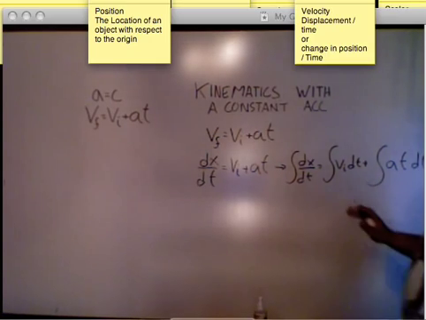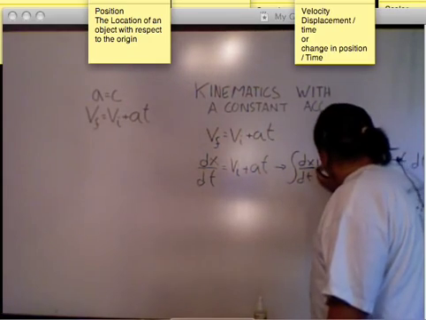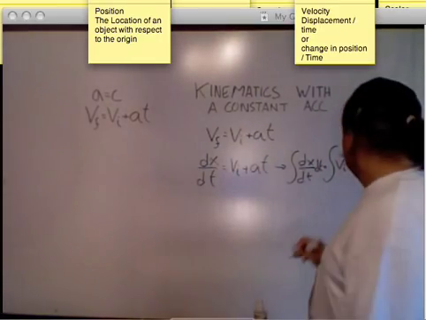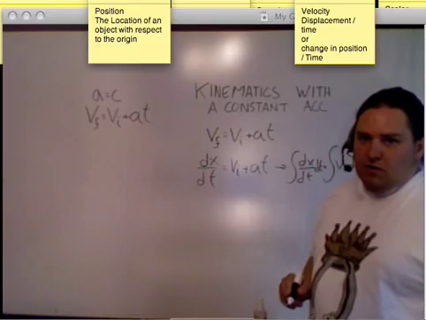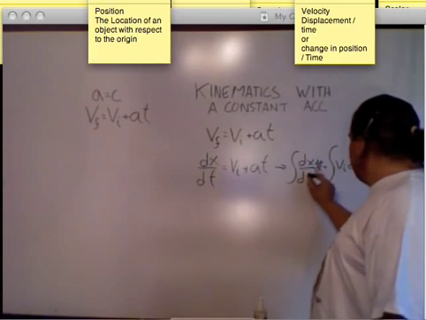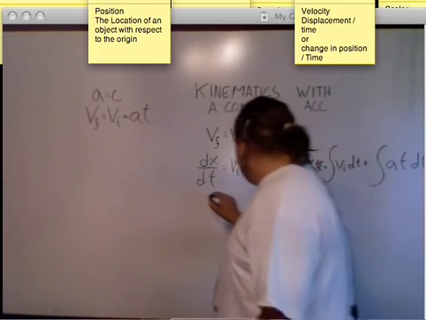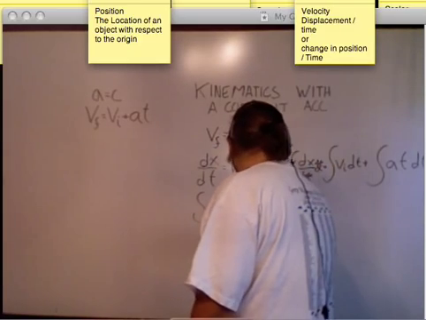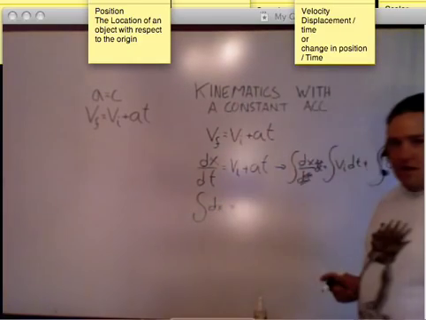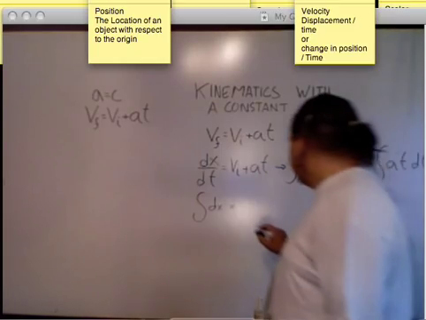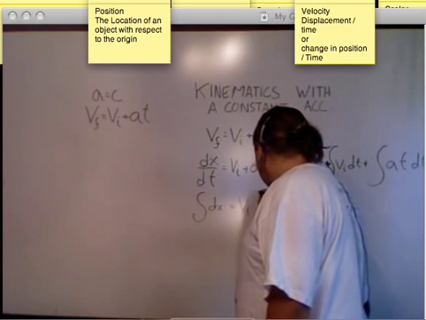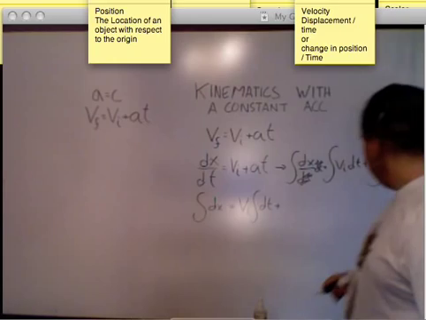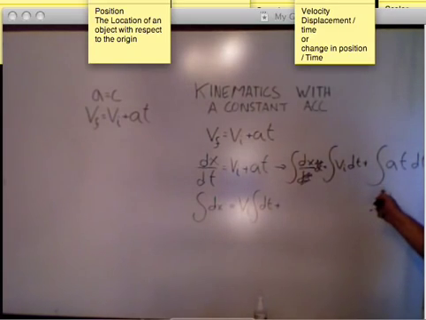Cool? Oh, there's a dt in here. It's going to go away real quick. So that's going to go away and that's going to go away, and I'm left with the integration of dx is equal to vi, which is a constant. I can bring it out front. Acceleration is a constant. I can bring it out front.